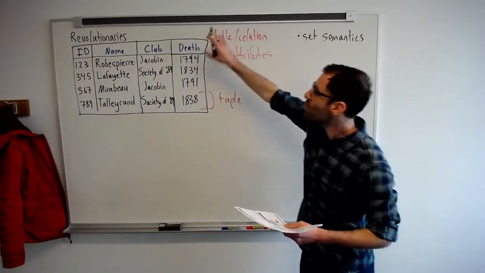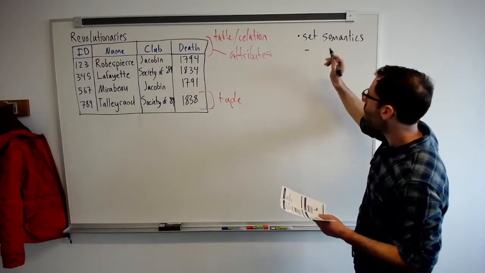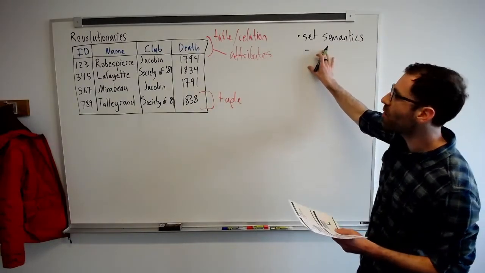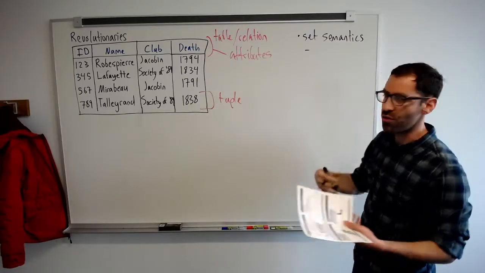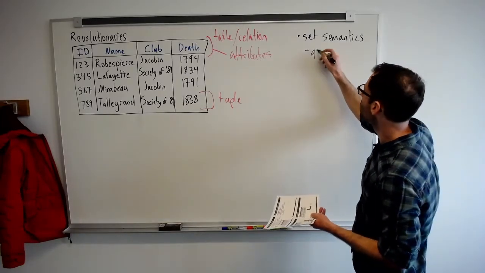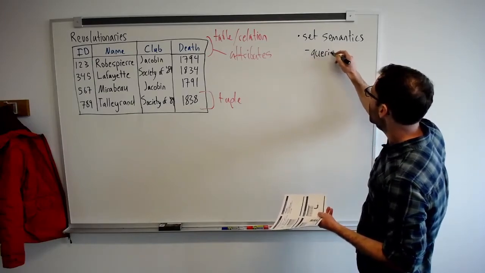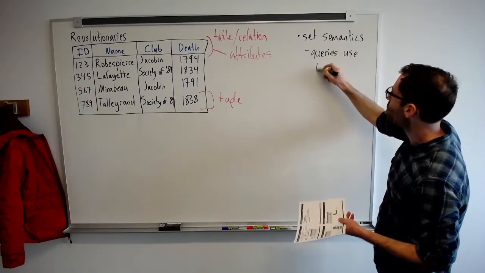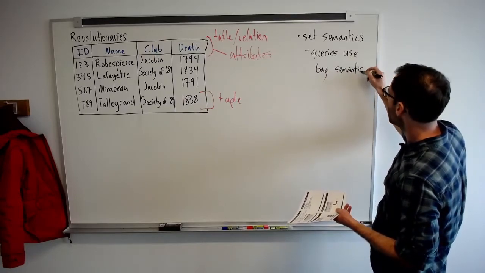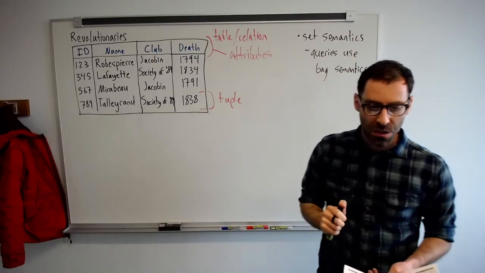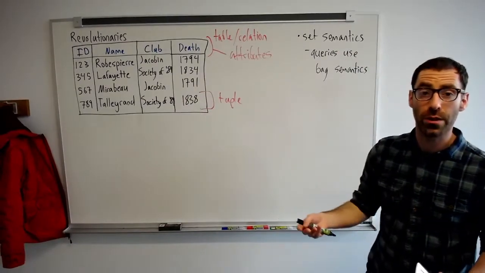One point I should make, however, is that when we talk about the result of queries, those are going to use what are called bag semantics, which means they do allow duplicates.